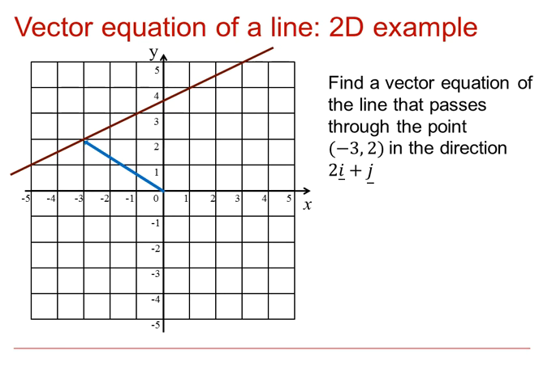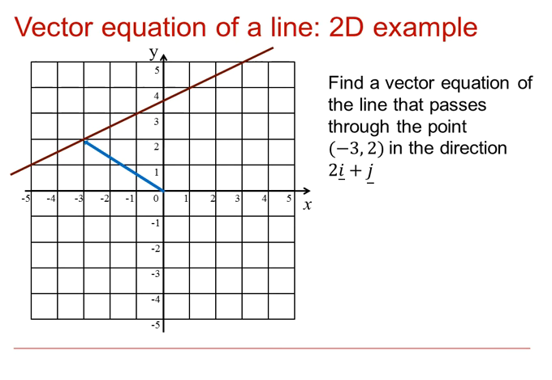In this example, we are asked to find a vector equation of a line that passes through the point (-3, 2) in the direction 2i + j. You'll remember from the previous video series that i and j are unit vectors in the x and y directions.